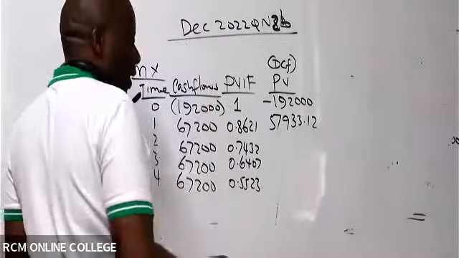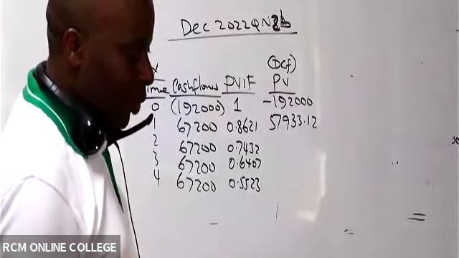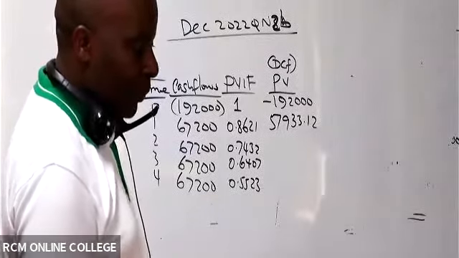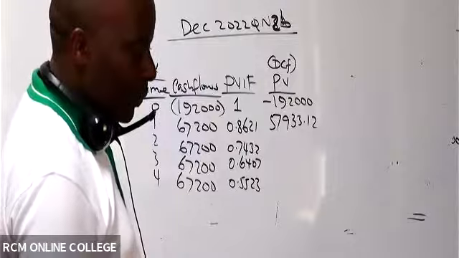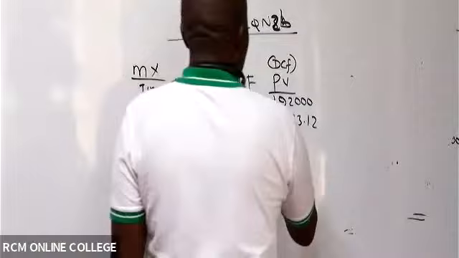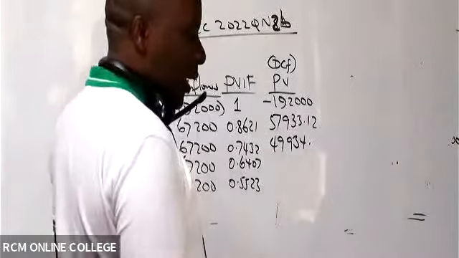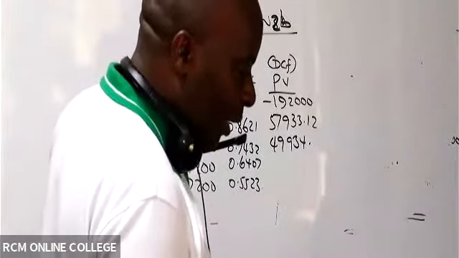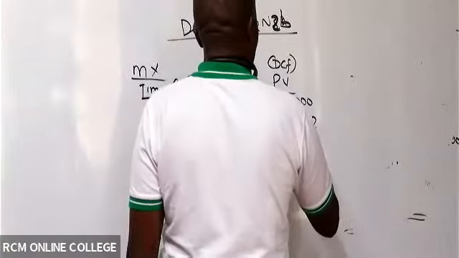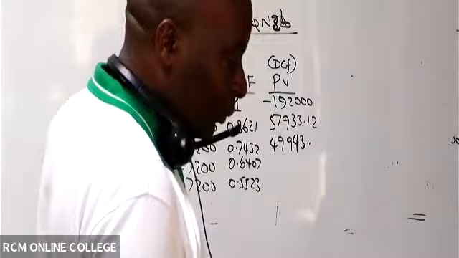Then we have 67,200 times this. Remember, it's the entire life cycle. 67,200 times 0.7432 gives 49,943.04.